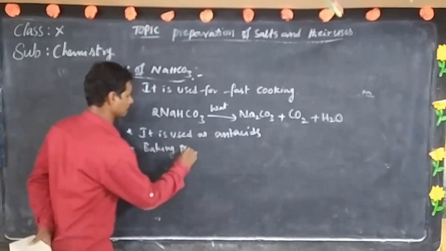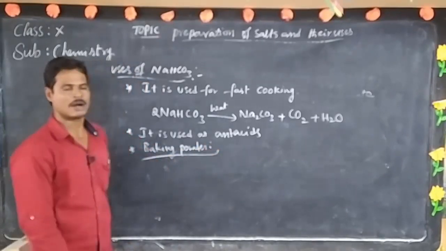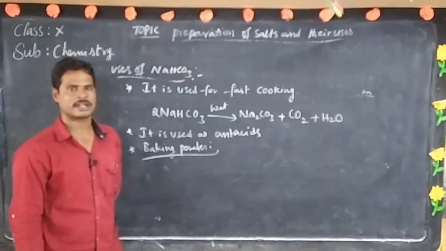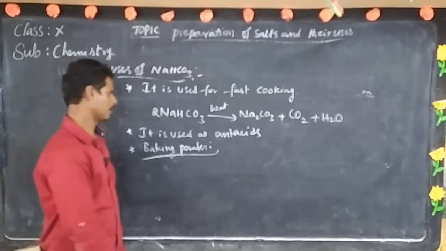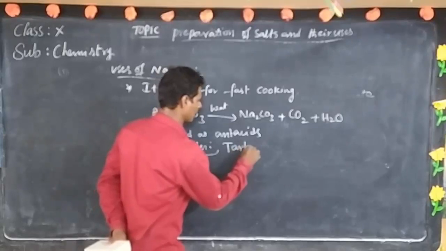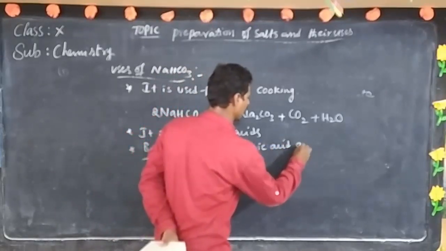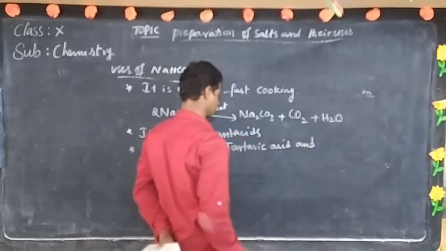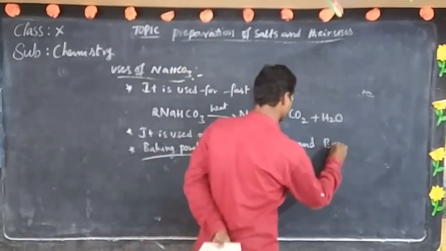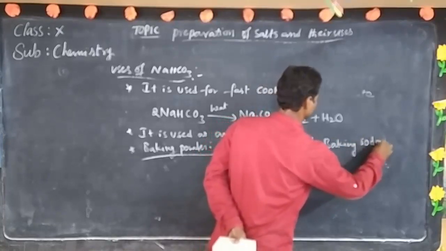Next, baking powder. Baking powder is a combination of tartaric acid and baking soda.